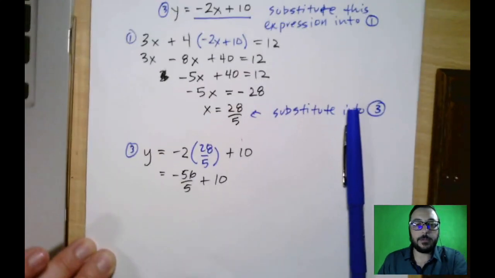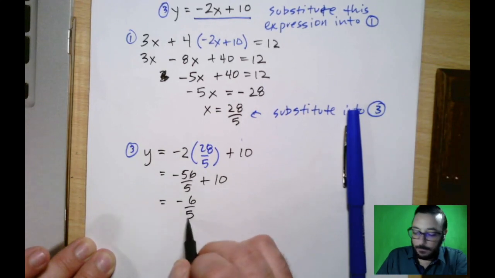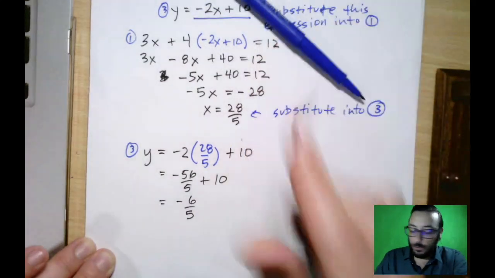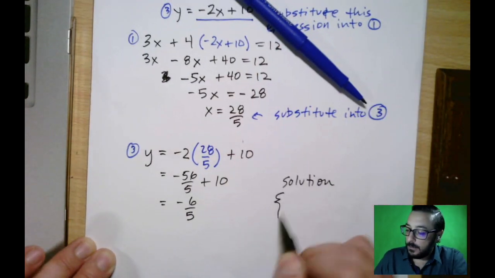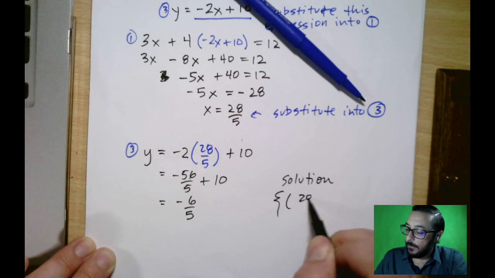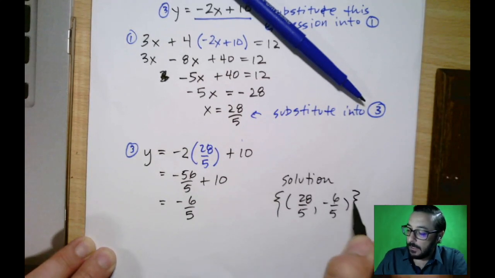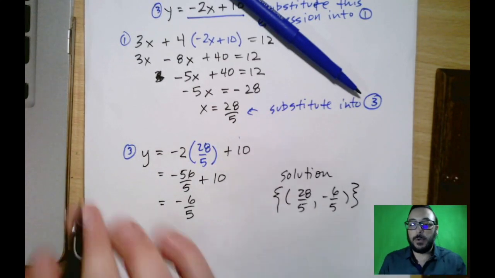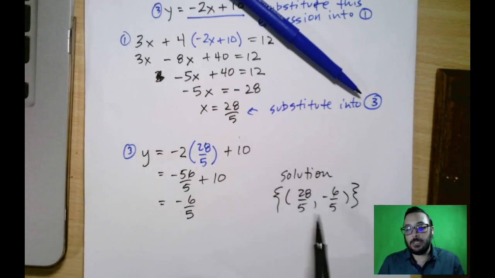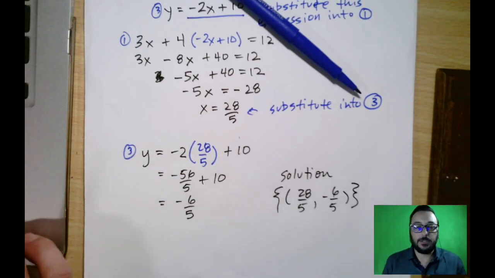It's running out of room here, which equals negative 6/5. And so our solution then, I'll put it over here, is going to be 28 over 5 and negative 6 over 5. So you can see how this wouldn't be a good system of equations to solve by graphing, because these terms, these numbers here on a graph would be tricky to really get down just right.